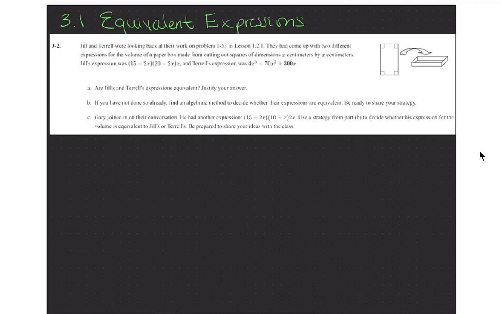So we need to talk about our dimensions. When Jill came up with her expression, they started off with a piece of cardboard that was a 15 by 20. I'm going to write my 15 down here. So it was a 15 by 20. But on that 15 by 20, they ended up cutting out those little squares so they could fold it up.